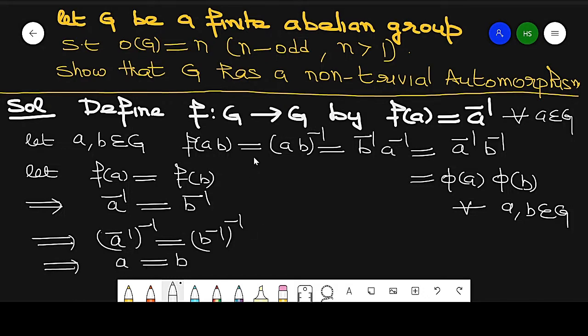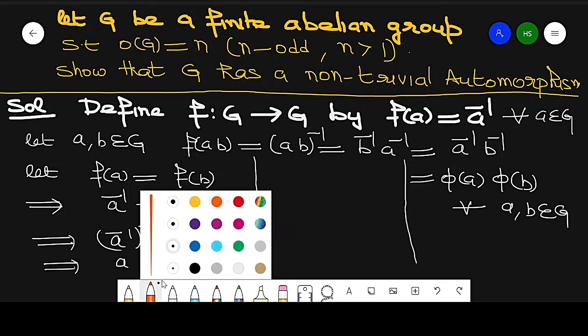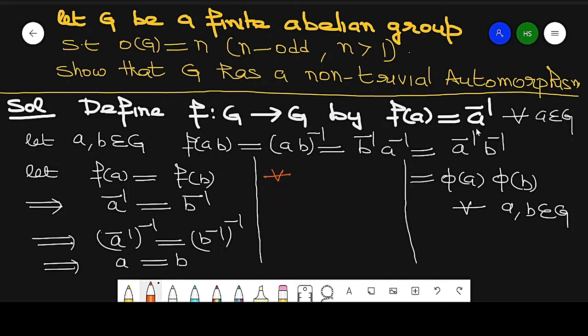So it is one-one. Now to prove onto: for every a in G, there exists a inverse in G such that F of a inverse equals a.